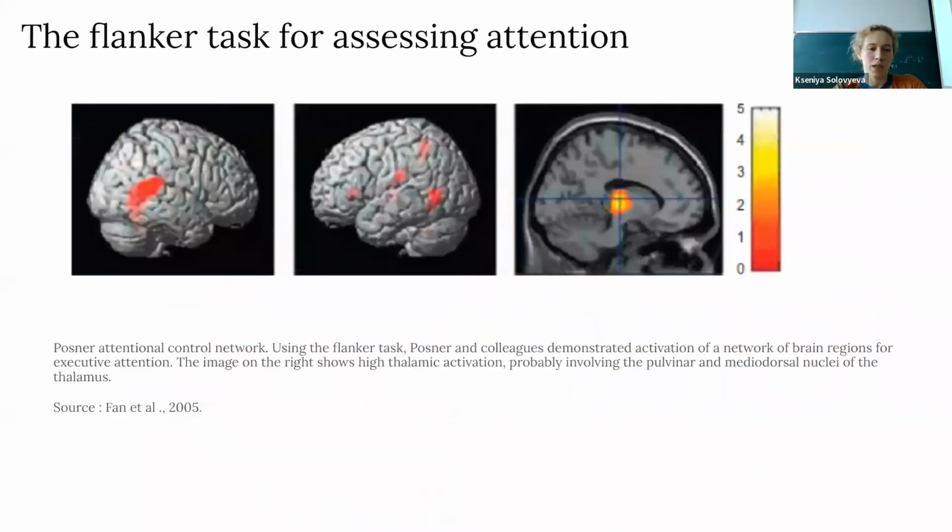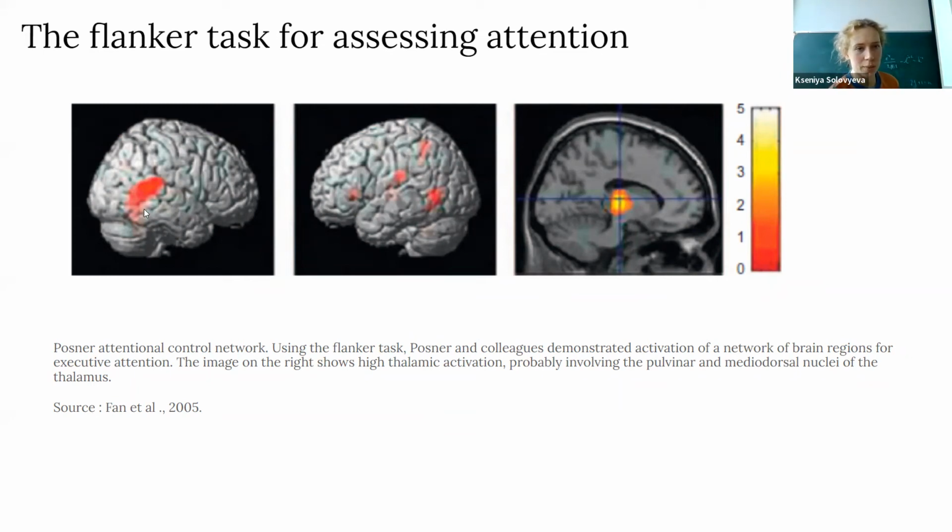And in these first experiments with fMRI, he found out that these regions are connected with attention most of all.